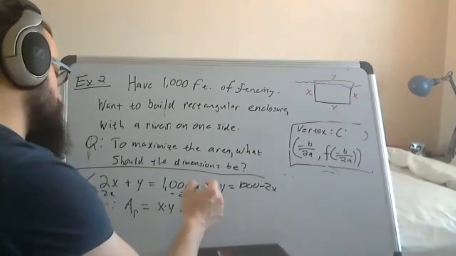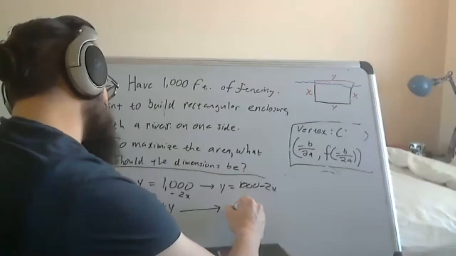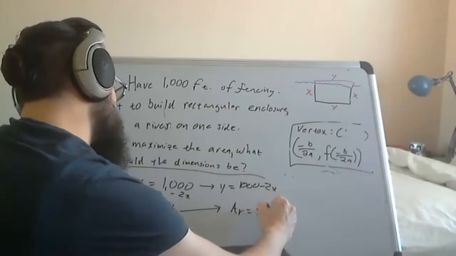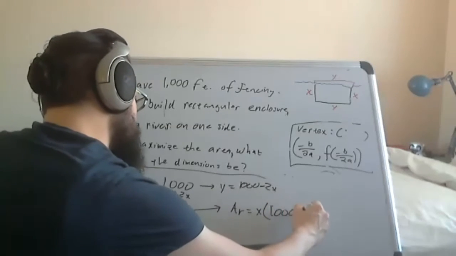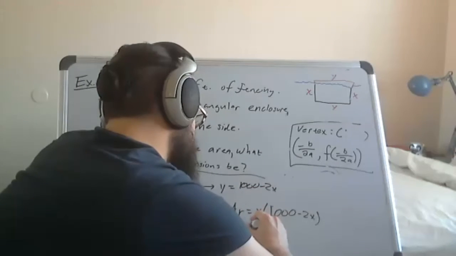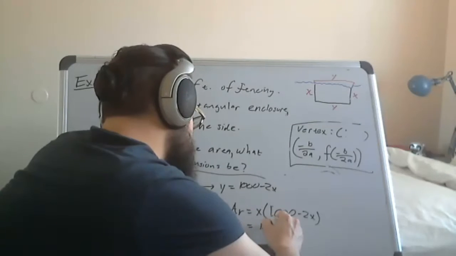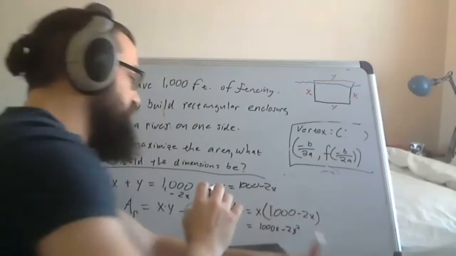So now our area is going to look like x times y, but y is 1,000 minus 2x. Simplifying into 1,000x minus 2x squared.